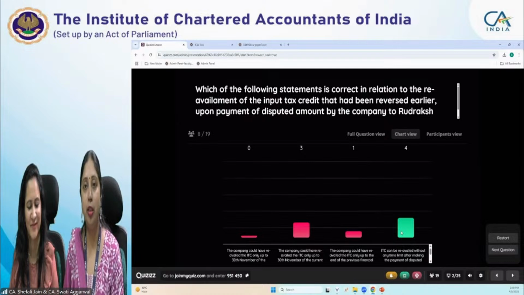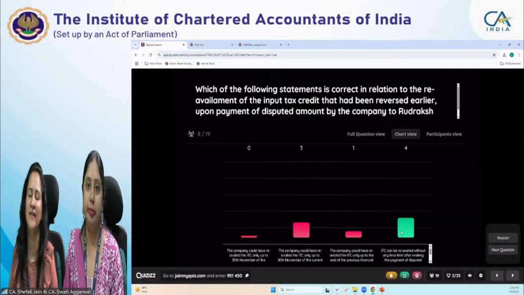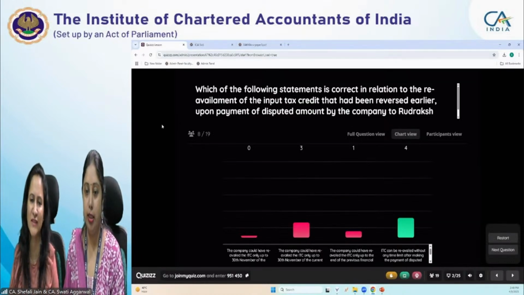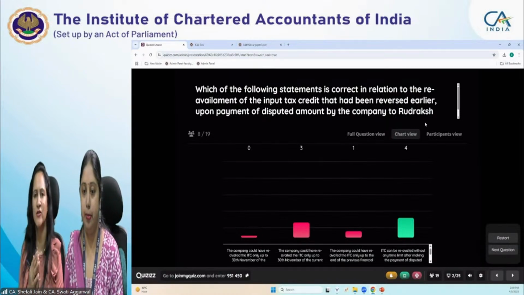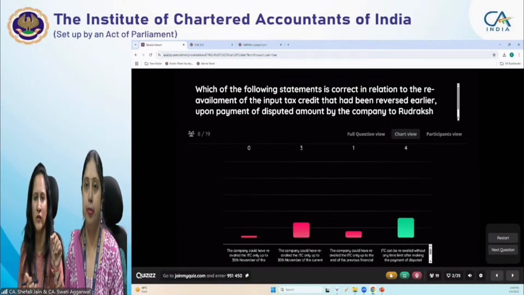Now, Swati will explain the provision behind this. See, this is based upon the provisions of section 16(2), as it says that the registered person has to pay to the supplier the value of the goods along with the tax within 180 days from the date of issue of invoice.